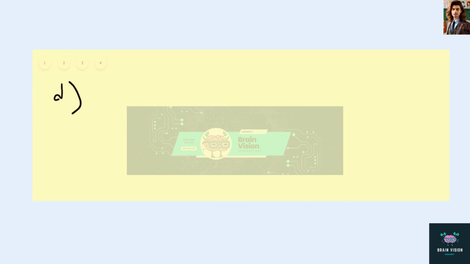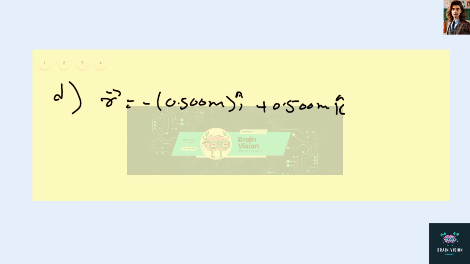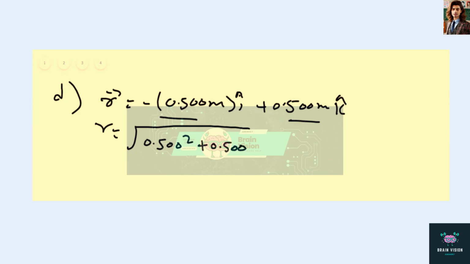Similarly, part D, for r equal to minus 0.500 meter in the j direction, plus 0.500 meter in the k direction. We can write r as simply the square root of the sum of the squares of these magnitudes, which is 0.500 squared plus 0.500 squared. This gives us 0.7071 meter.